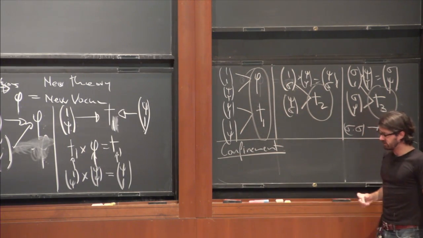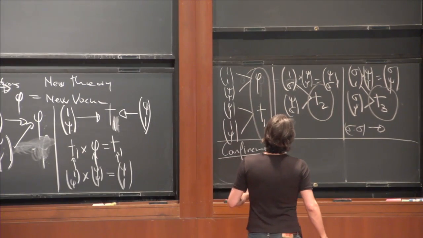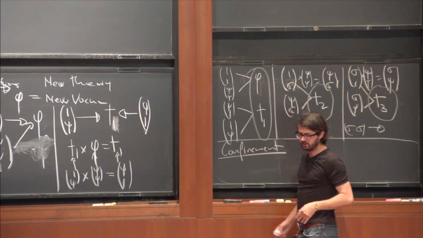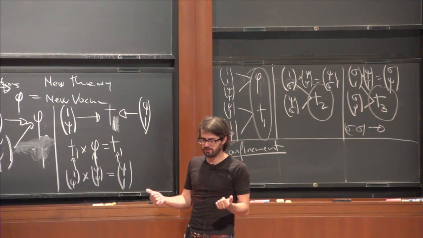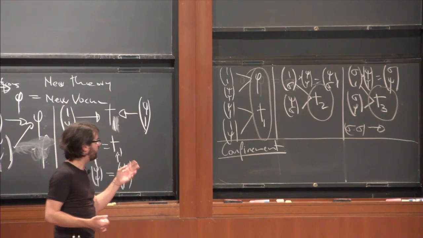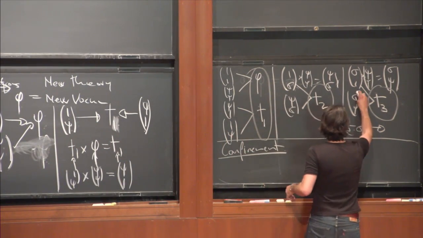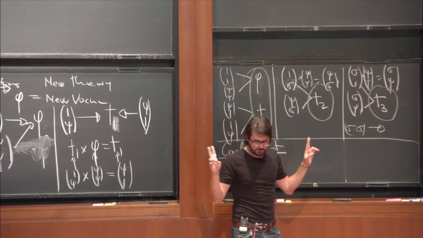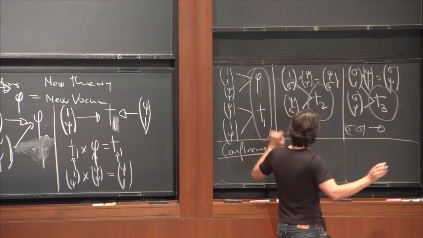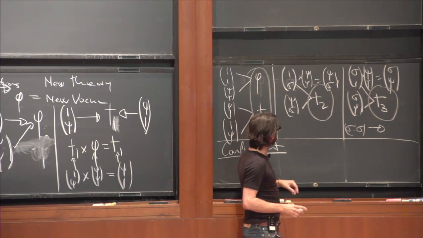Basically, what this roughly says is that even though I make a map from the first theory to the second theory by just using fusion with a new vacuum, this map has to be consistent in terms of, well, basically spins, but really what I mean is some sort of topological spin, but let's think of it as just the spins. So what do I mean by it has to be consistent?